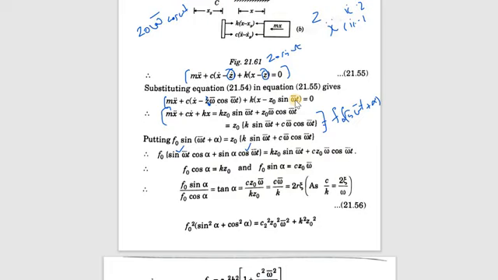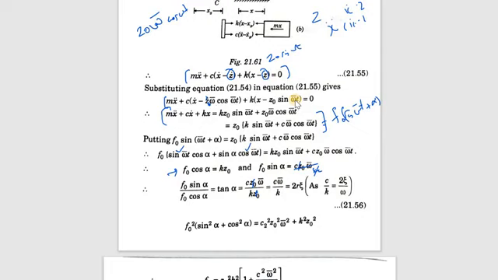Now I am dividing these two. After division I will be getting tan alpha. So tan alpha is equal to c z0 omega dash by k z0. z0 cancels. So here it will be c omega dash by k.